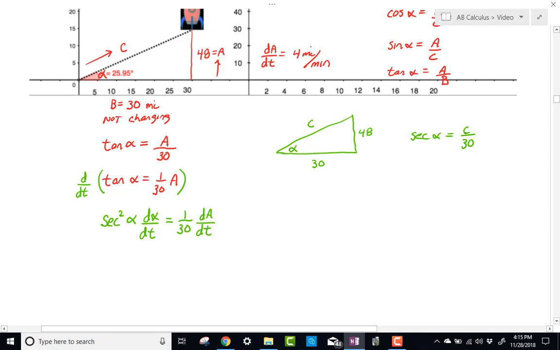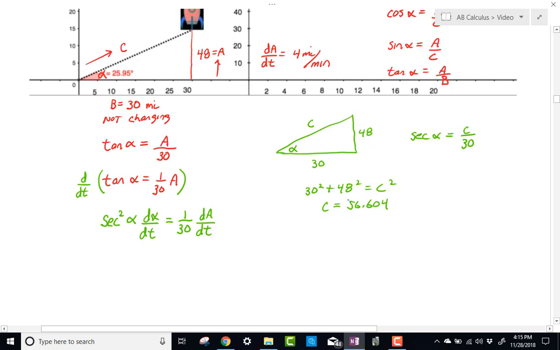So in order to find C, we're going to have to do Pythagorean theorem here. Okay, so I've got 30 squared plus 48 squared equals C squared. If you add those two together and square root both sides, you get C equal to 56.604.